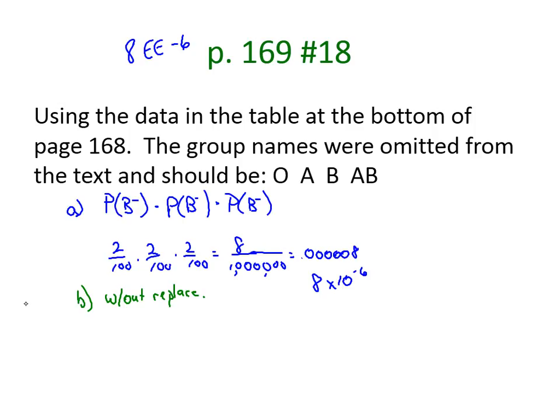Dependent, because once I've pulled a person out and have them in my group, they're no longer among the options I can pick, so I've changed my possibilities. So first, the probability that the first one is B negative, times the probability that the next one is B negative given that I already have one B negative, times the probability that I get another B negative given that they're both B negative.